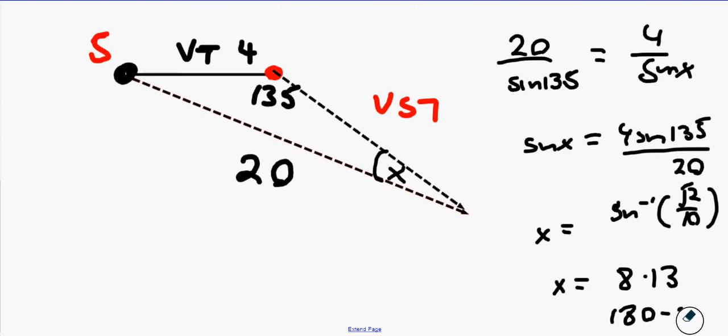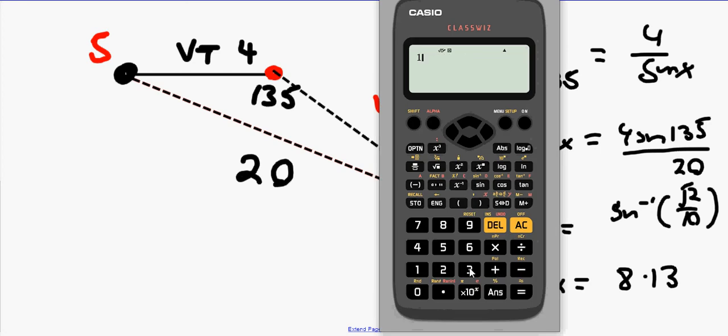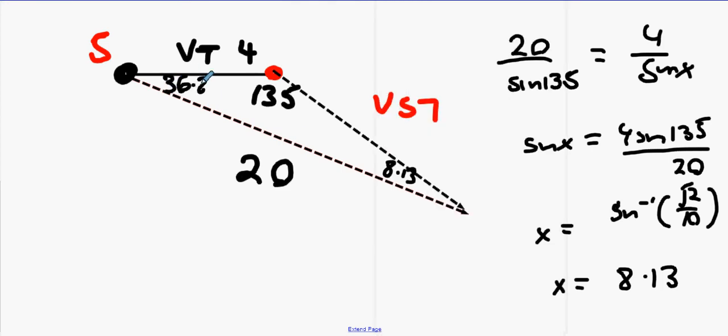Right, what's that make the third angle? So that's 8.13. What is the third angle? 180 minus the others: 36.87, okay? Very good.